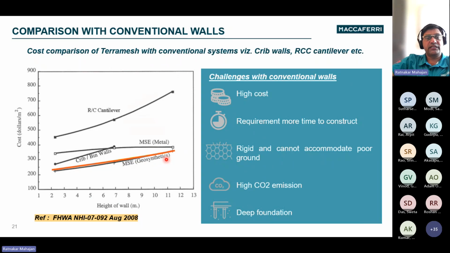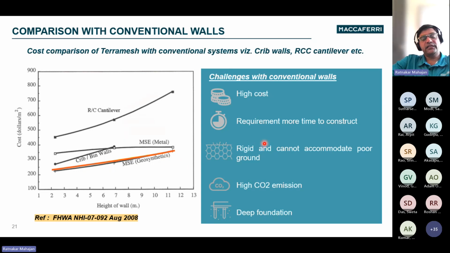The challenge with the conventional solutions is typically high cost. They require more time to construct, because for constructing the reinforced concrete retaining wall, you need to provide sufficient time for curing of the concrete, and only then can you raise the height. Whereas in the case of reinforced soil walls, you can build at a faster speed because these are modular systems, off the shelf, very easy to install.